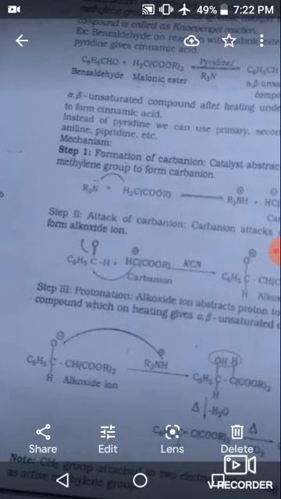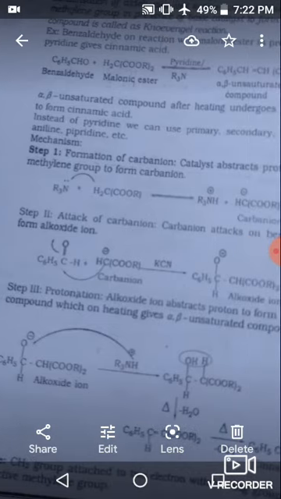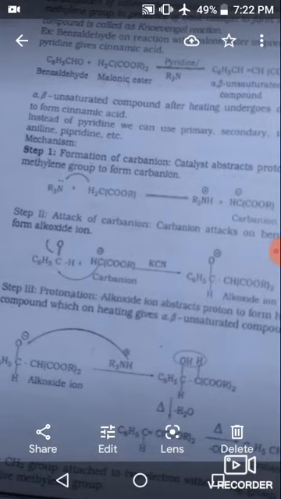Whenever this unstable alkoxide ion forms, in the third step protonation takes place, forming an alpha beta hydroxy compound, which undergoes dehydration, forming an alpha beta unsaturated ester.